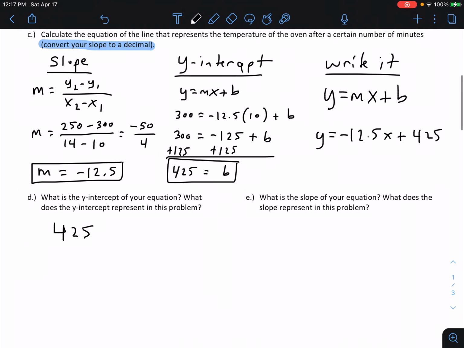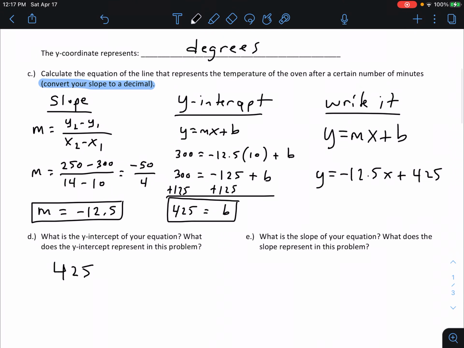Well, it means that the oven was 425 degrees, because y is degrees, right? It was 425 degrees when she turned it off. Okay, so she was baking cookies at 425 degrees, and she turned off the oven, and that was the temperature when she turned it off.